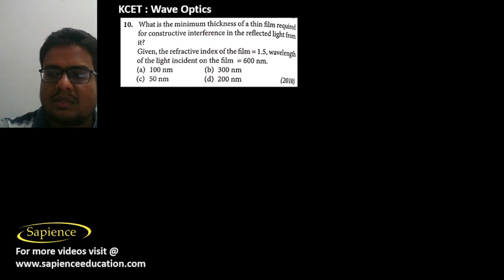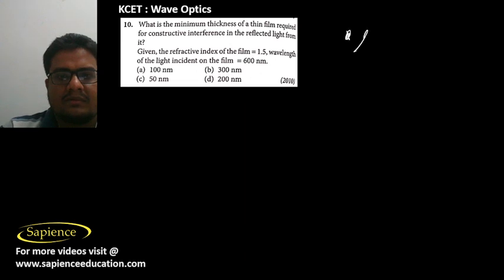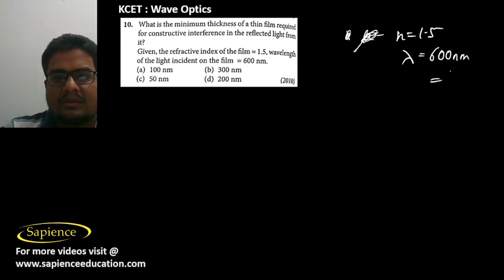Then in question number 10, it's told: what is the minimum thickness of a thin film required for constructive interference in the reflected light from it? Given the refractive index of the film n, suppose 1.5, the wavelength of the light incident on the film is 600 nanometer, which is 600 into 10 power minus 9 meter.